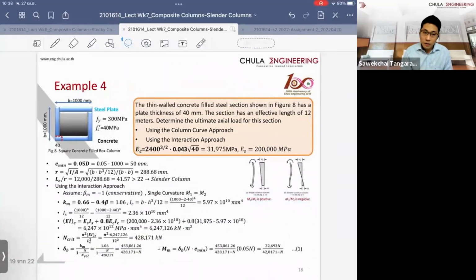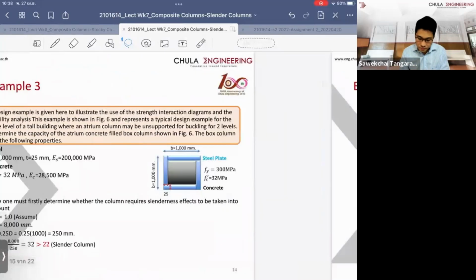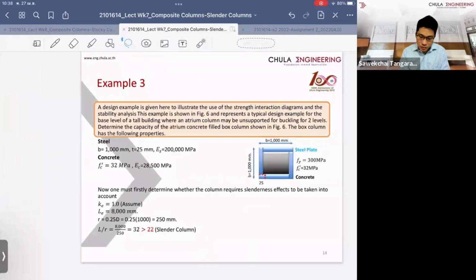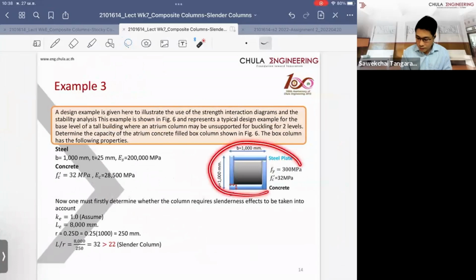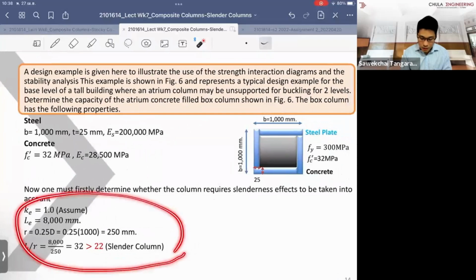I will not go through all of this, because let me tell you what happens. In example number 3, they're saying that you have concrete infill, and the size of the column is 1 meter. The thickness is 25 millimeter. The first thing of all, you have to check whether the column that you look at is slender or not.